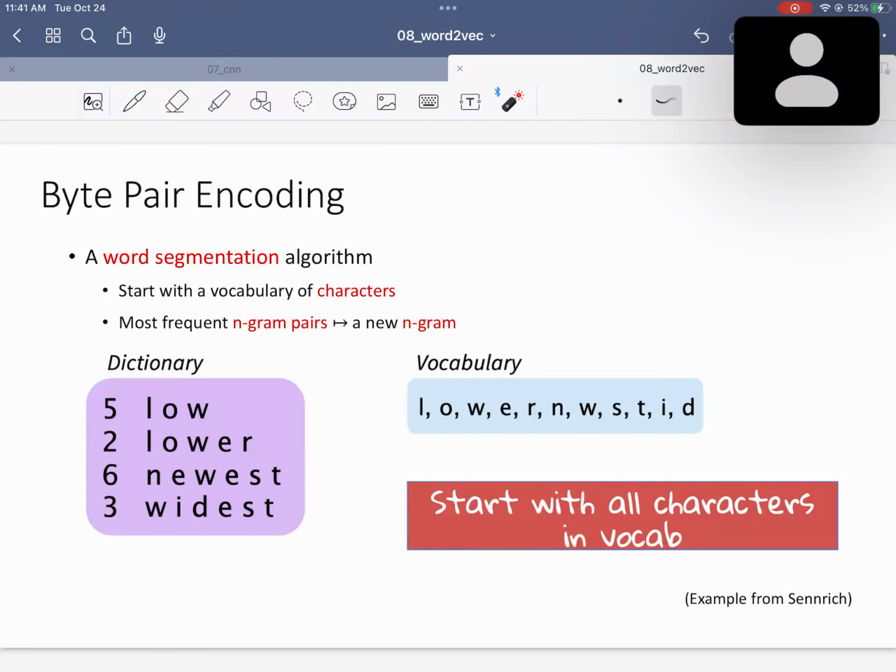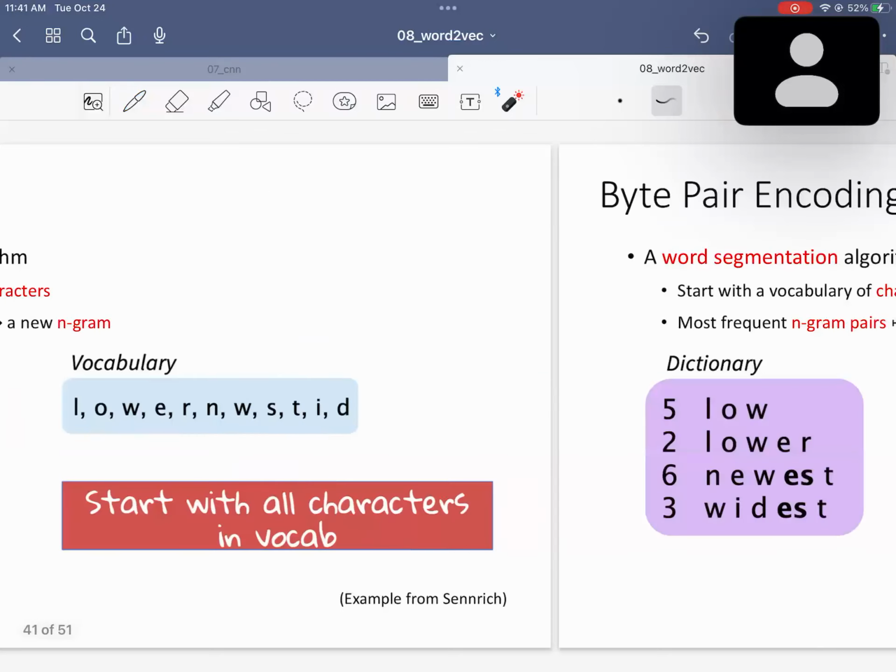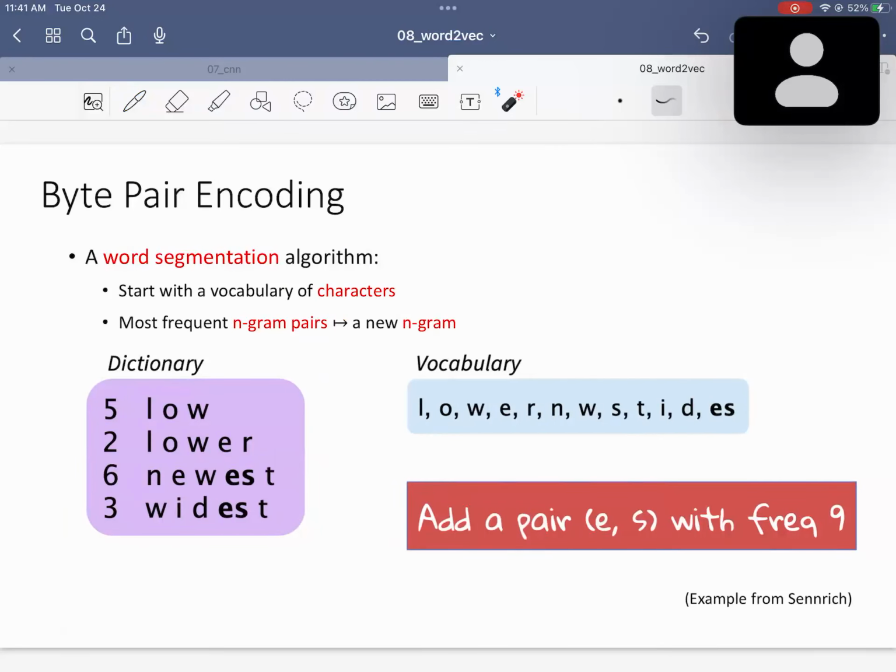Given that, you first start with the letter level vocabulary: L, O, W, E, R, N, S, T, I, D. So you start with all characters in the vocab, one letter each. Then you start looking at pairs: LO, OW, WE, ER, RN. You keep looking at pairs of letters and see which one is the most frequent.